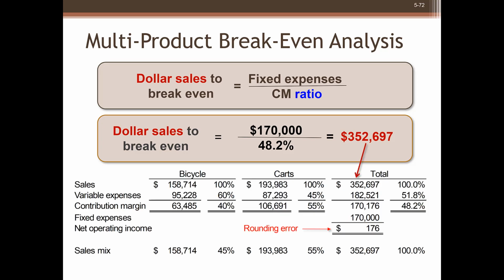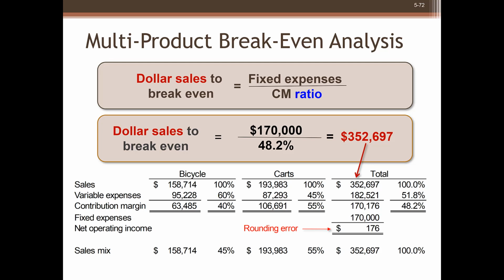And we can get dollar sales to break even of $352,697. Now let's take a look at each product's total sales, variable expenses, and contribution margin expected to achieve the break-even point.